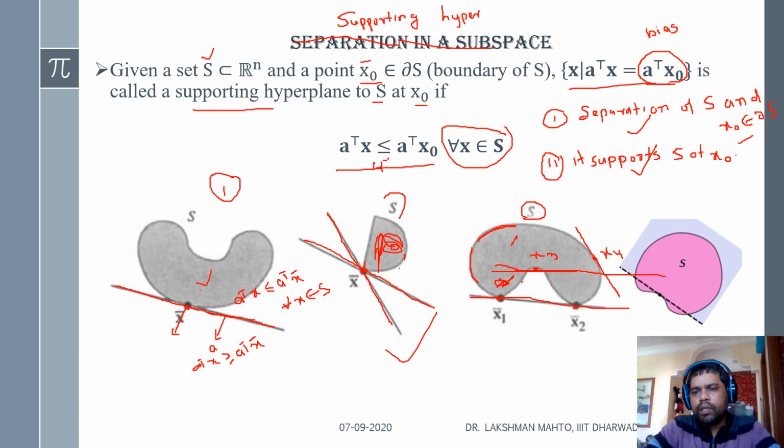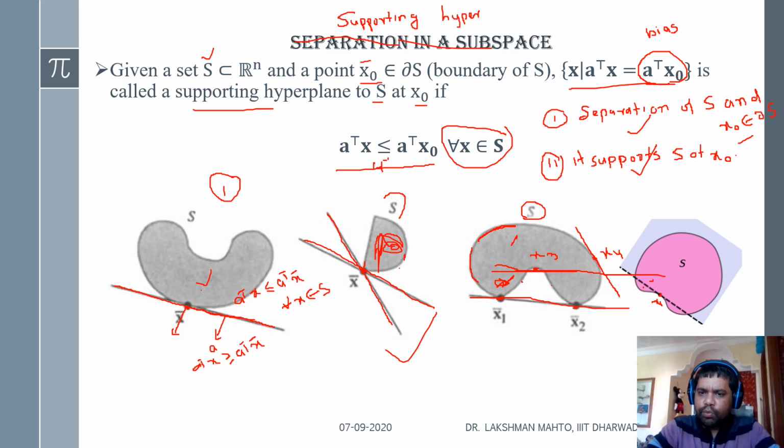One more example I have taken here. This set S, you can observe, is clearly a non-convex set due to this part. If you try to define a supporting hyperplane passing through this boundary point x1, it is not separating this set into two parts.